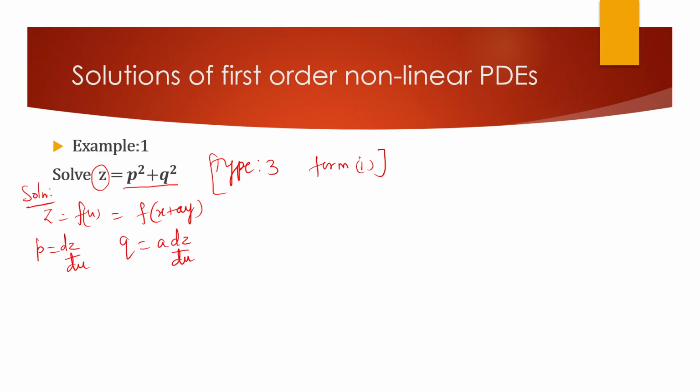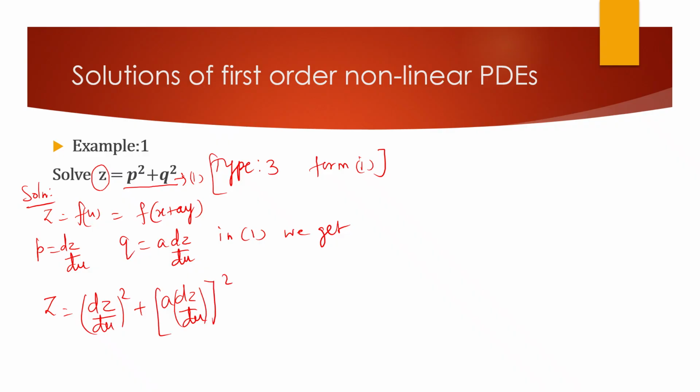Now substituting this in the given equation 1, we get z is equal to dz by du the whole squared plus a into dz by du the whole squared. That is, z is equal to dz by du the whole squared into 1 plus a squared.